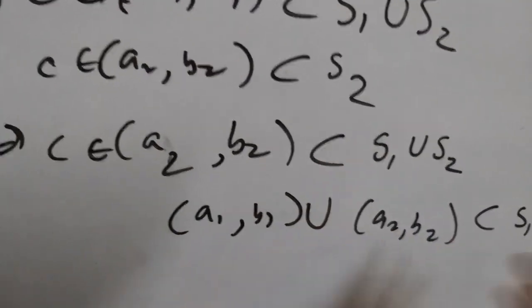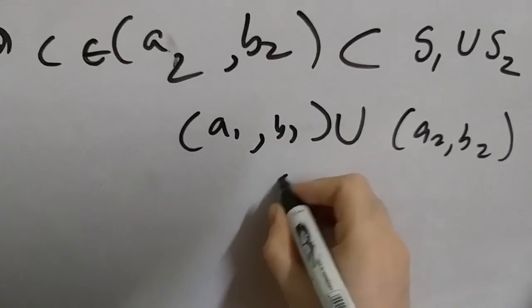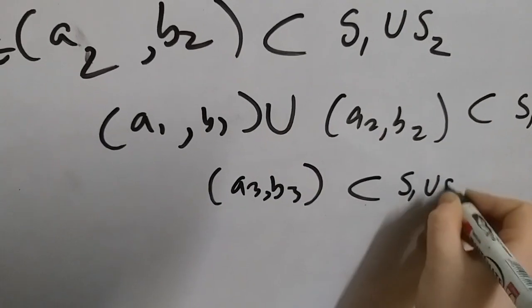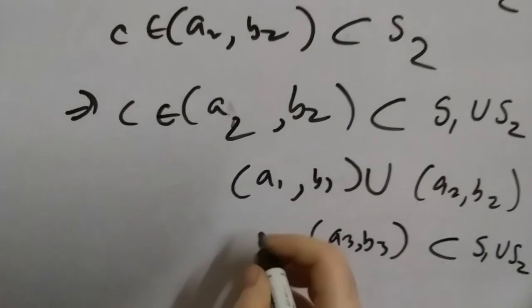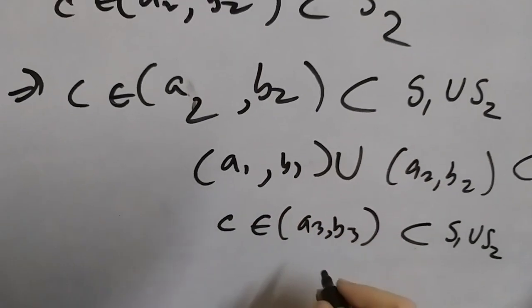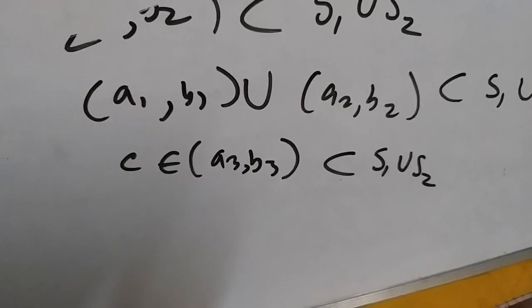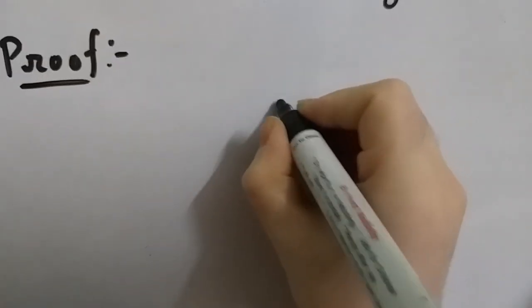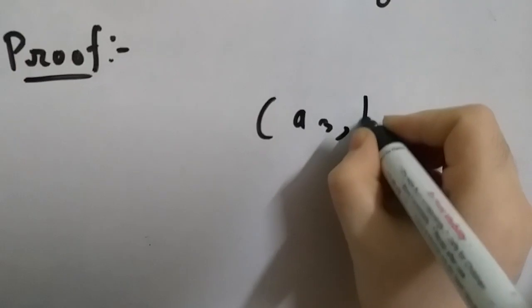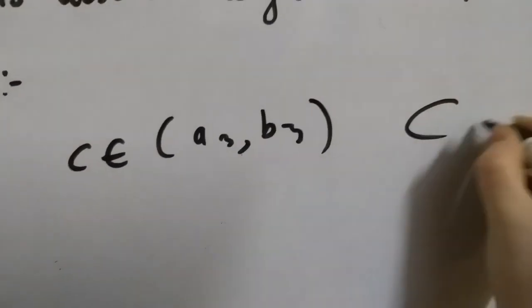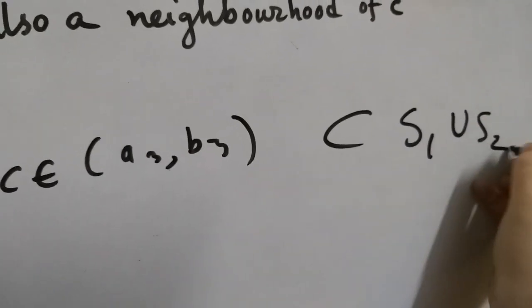Therefore (a3, b3) is also contained in S1 union S2, and obviously c belongs to this open interval (a3, b3) contained in S1 union S2. So ultimately we get c belongs to this open interval (a3, b3) contained in S1 union S2.